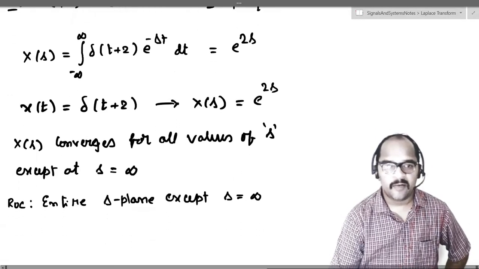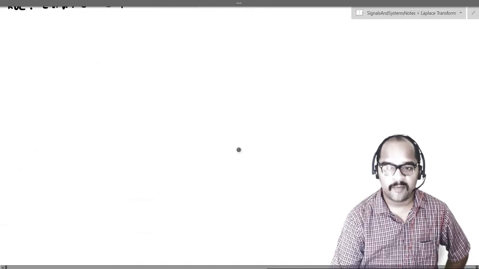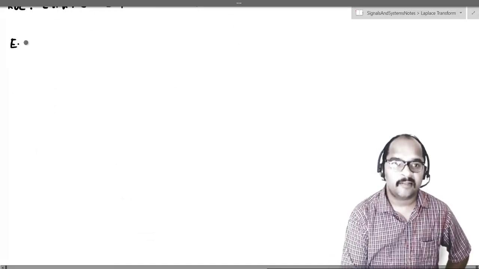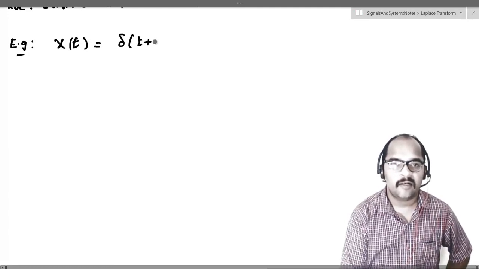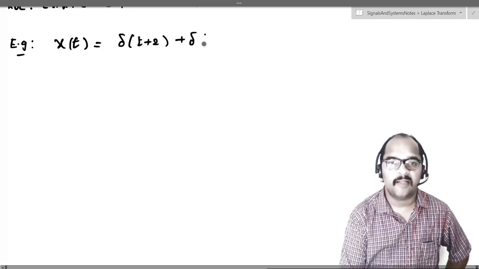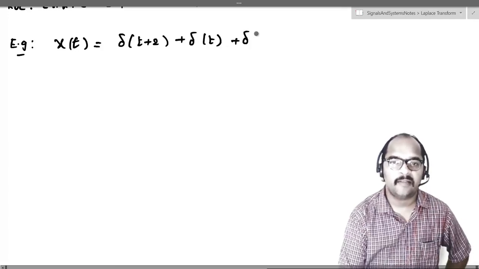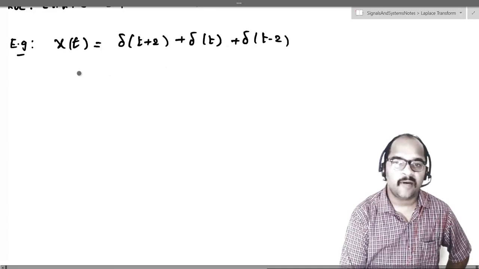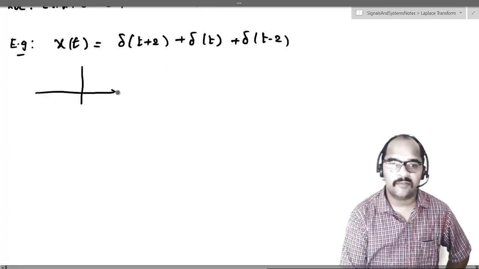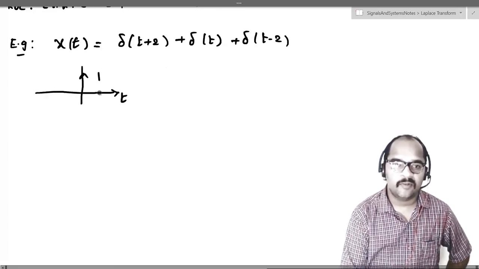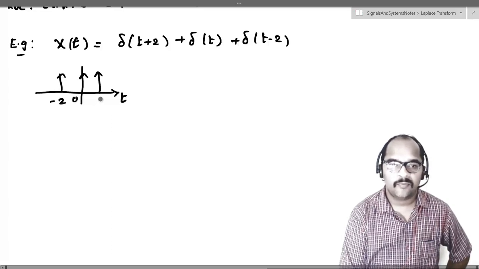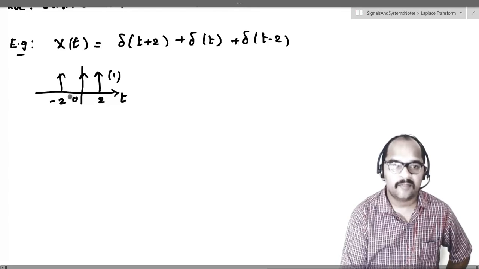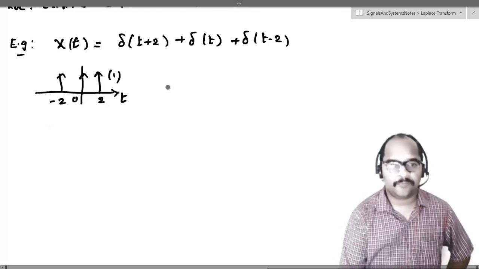Okay, right. Now let us take one more example. Let us take a combination of all these. x of t I take to be delta of t plus 2 plus delta of t plus delta of t minus 2. How does the plot of this look? It will look like this. So delta of t plus 2 plus delta of t plus delta of t minus 2.